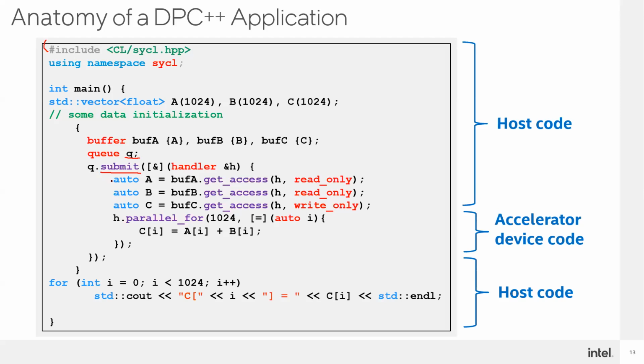However, everything defined up until the parallel_for invocation is still host code, so it's not executed on the device. The next marker for recognizing the device code and the kernel is the parallel_for invocation.